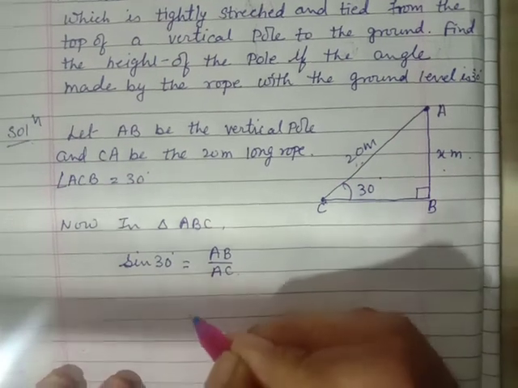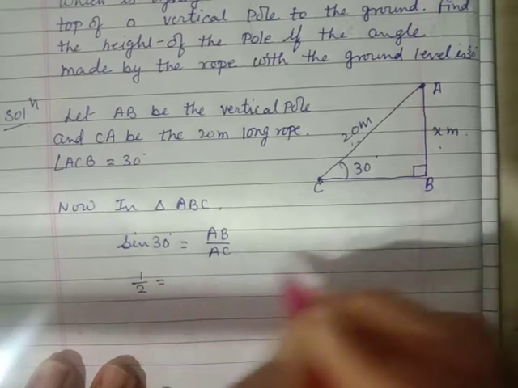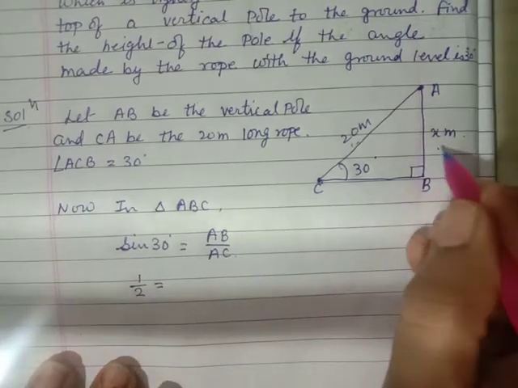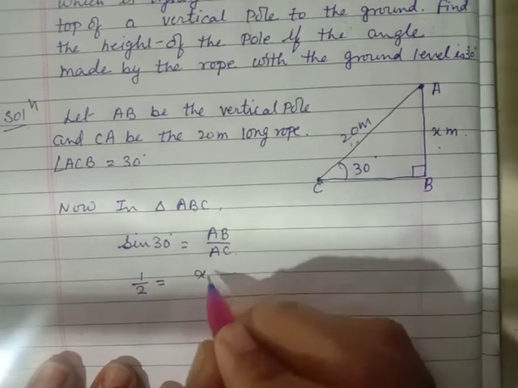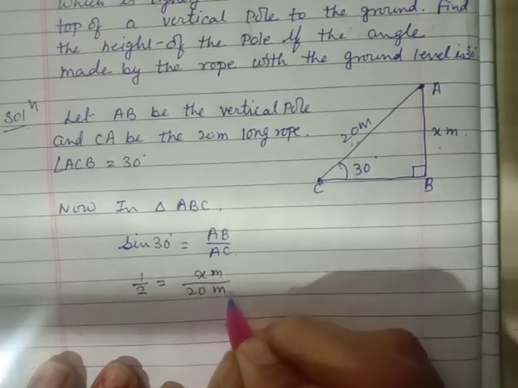The value of sin 30 we know is 1 by 2. AB we have considered as x meter. So this is x meter, AC is 20 meter.